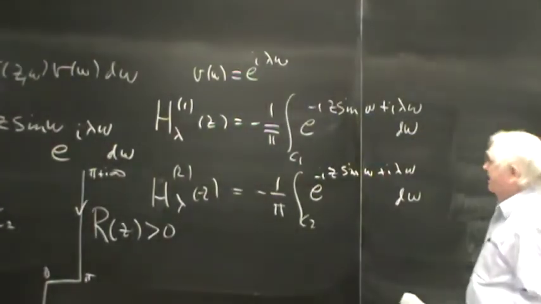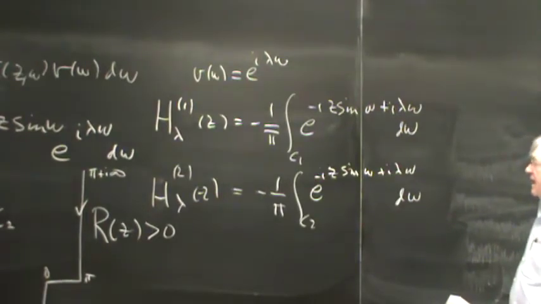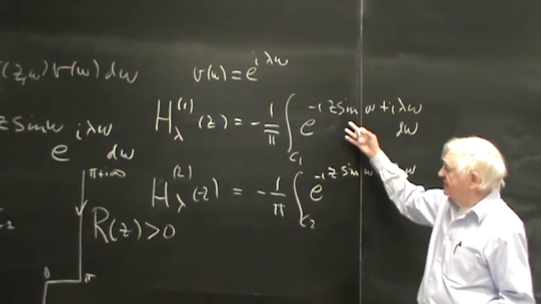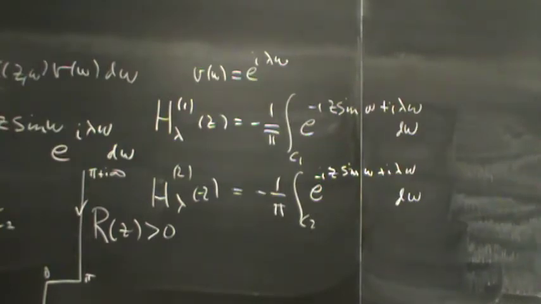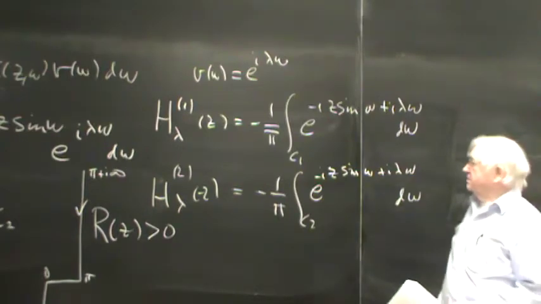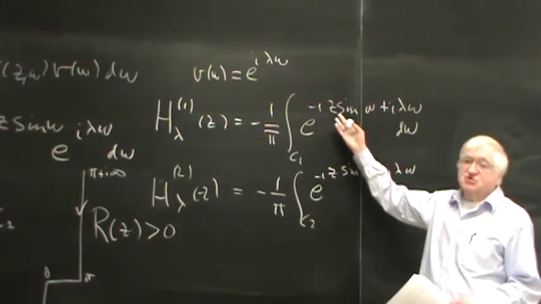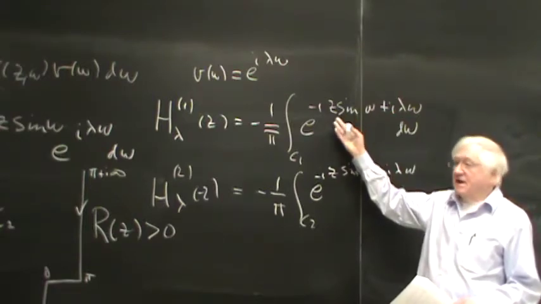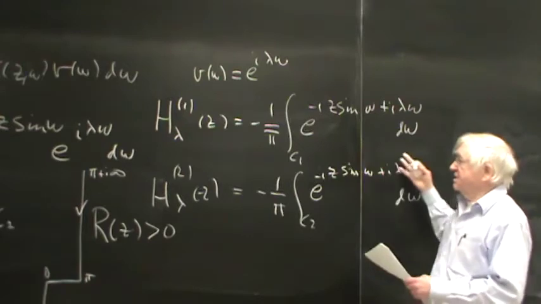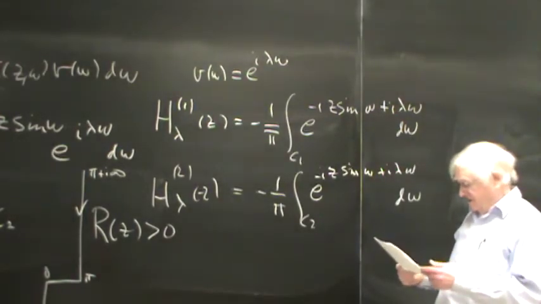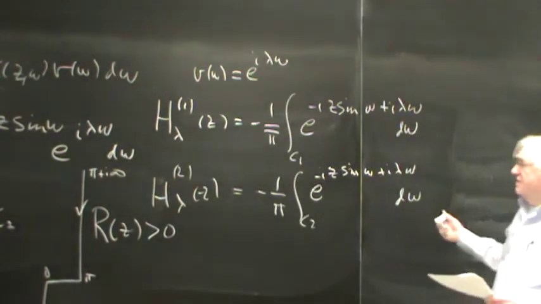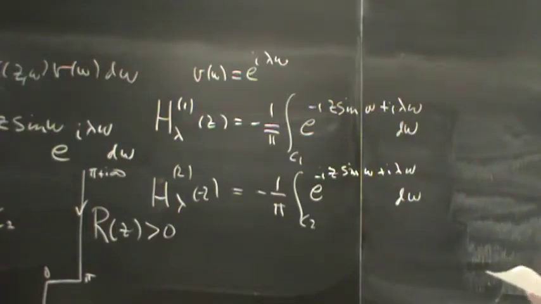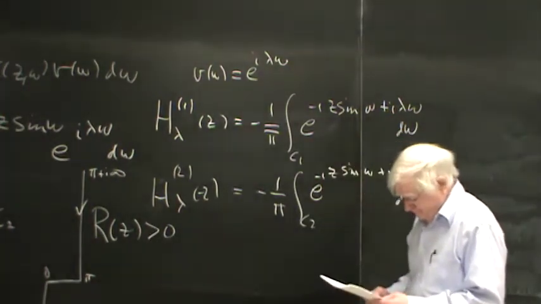However, once you define the functions in terms of these contour integrals for positive z, we can change the value of z, and there's no singularity, so one can analytically continue the Hankel functions outside of the right half plane.